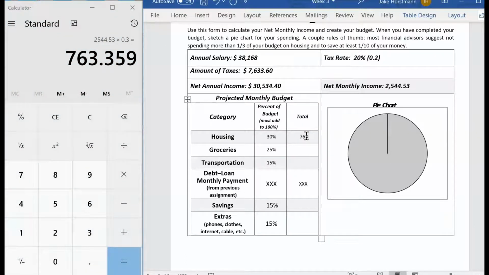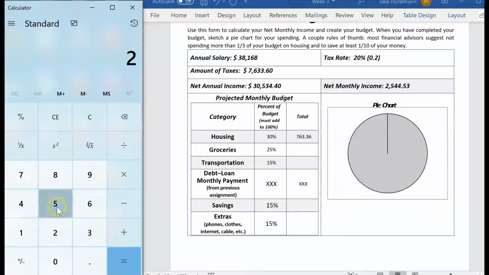That would be very nice to see in the Bay Area. And also we're going to round up because there's a 9 right here, so we're going to say it's 36 cents. 36 cents. And you do that same strategy for all of these. So if I'm doing 25%, 2544.53 from my net monthly times 0.25.